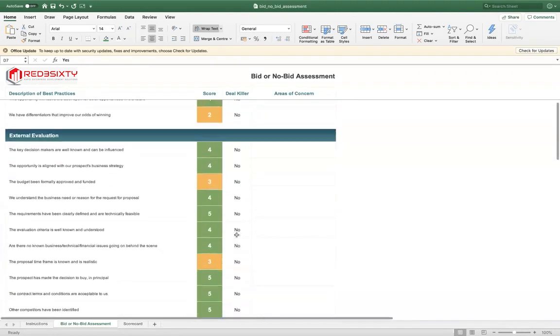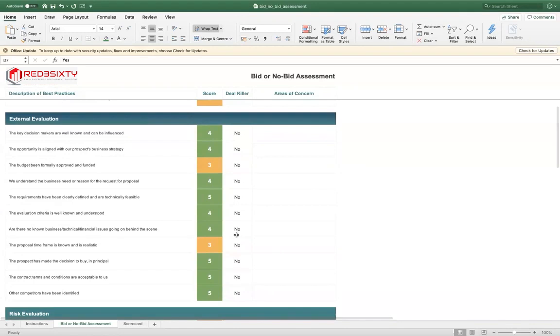So if we look at the next one, external evaluation: the key decision makers are well known and can be influenced. So again, this is looking at an external look at the module. The budget has been formally approved. The requirements have been clearly defined. The evaluation criteria is well understood. The proposal time frame is realistic.